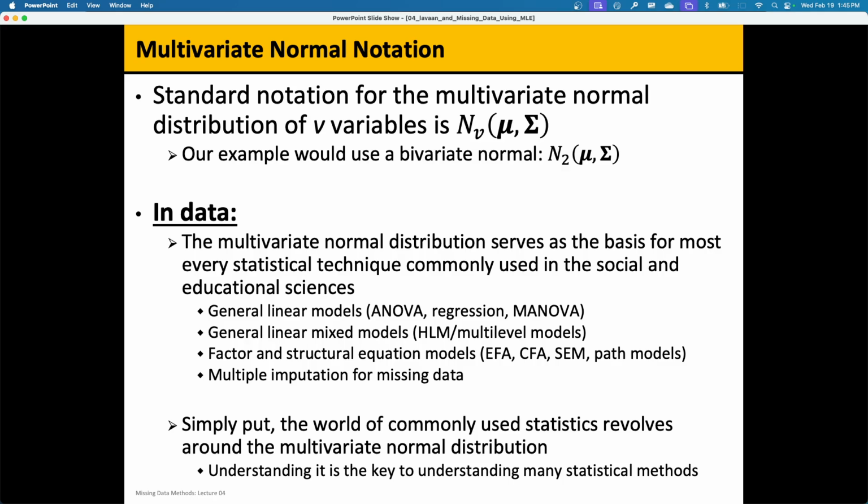So to me, why we're talking about it, again, is the high level. We need to understand that we're using all the data we can in the likelihood. And since so many models use multivariate normal, it's a nice way to see how the likelihood adapts to missing data.